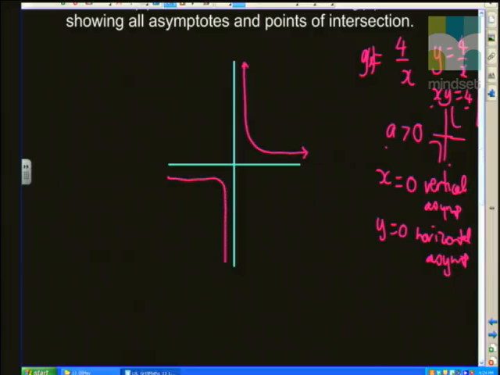And as you can see, these graphs approach your axes, but they don't actually ever touch the axis. So this is y is equal to 4 over x, or g of x is equal to 4 over x. That's your basic standard graph.